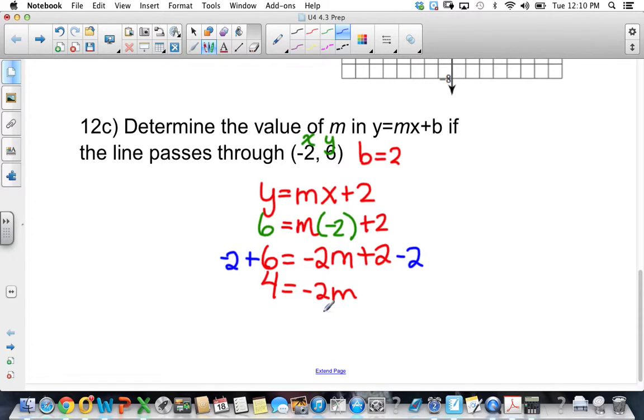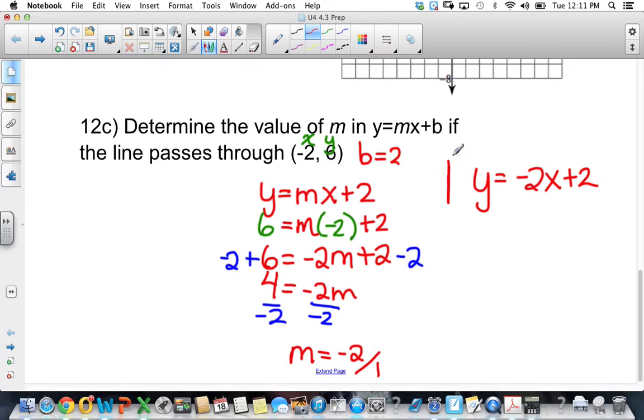I'm going to divide both sides by negative 2. So the slope of this line is negative 2. And if you were to write it as a fraction, it'd be negative 2 over 1. So the equation of this line is y equals negative 2x plus 2. This line also goes through negative 2, 6, and infinitely other points. Hopefully that helps. Sorry, this was a bit longer than most of them.